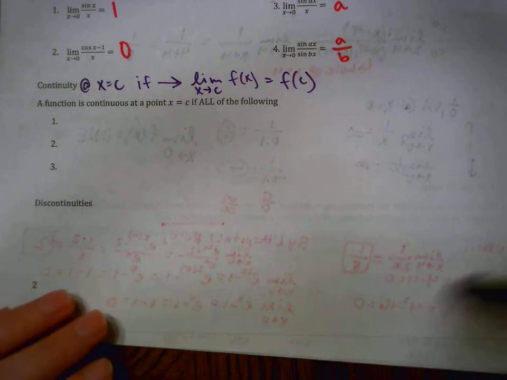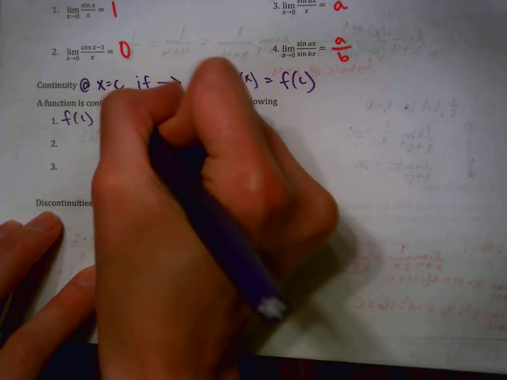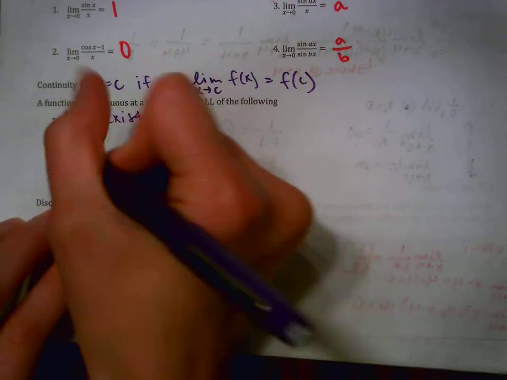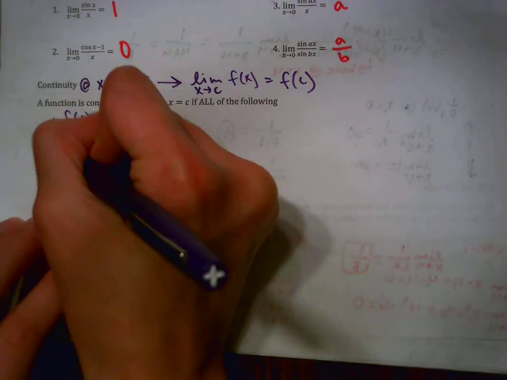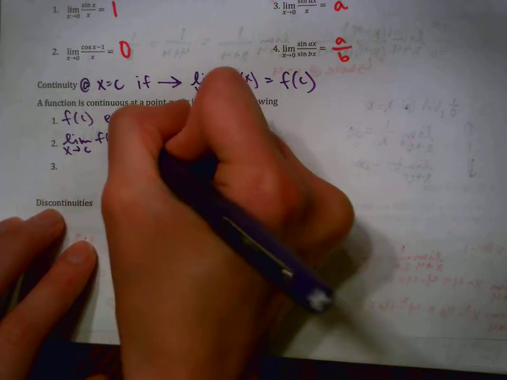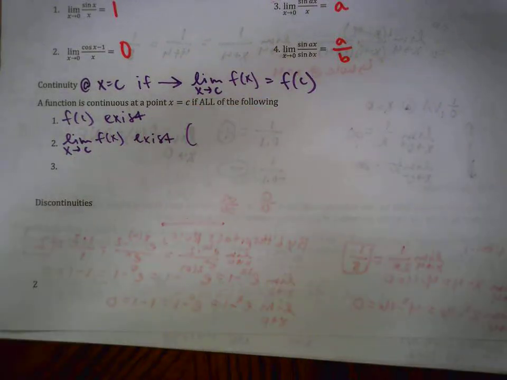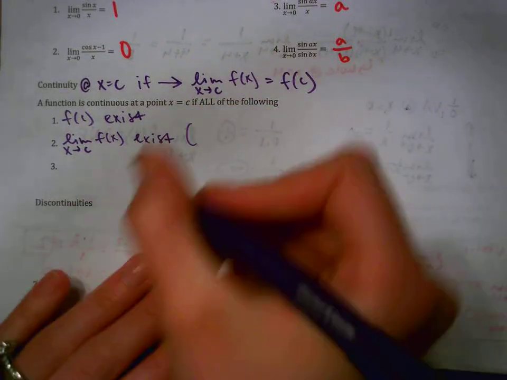So what is the process of proving that? You first need to make sure f of c exists, that it's an actual number. Then you need to make sure that the limit exists. So how do you know if a limit exists? It goes back to whether the right limit equals the left limit.